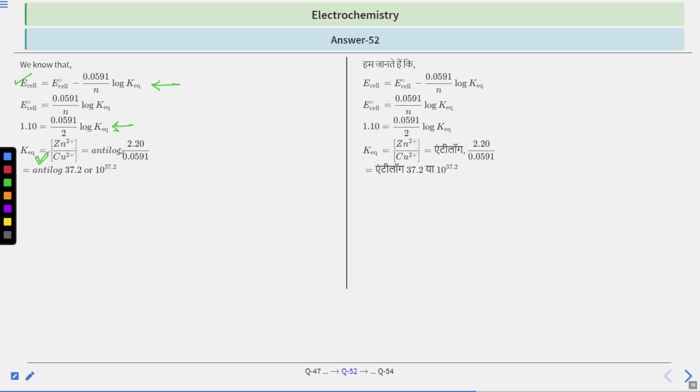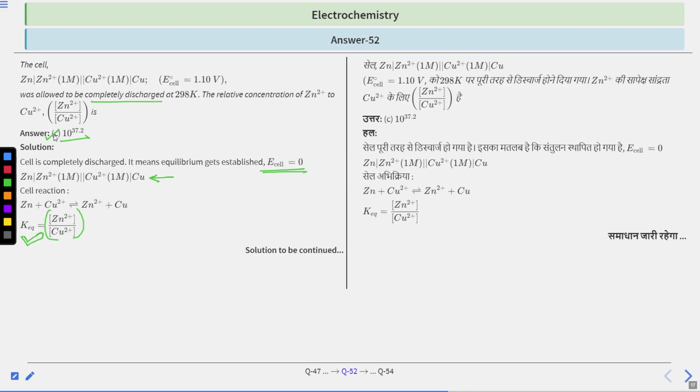On dividing this, we have antilog of 37.2, or you can write 10 to the power 37.2. This is our final answer, and thus option C is correct.